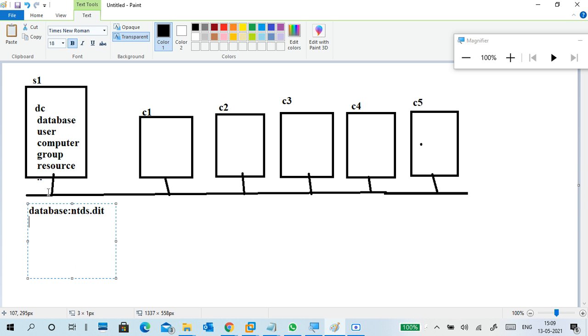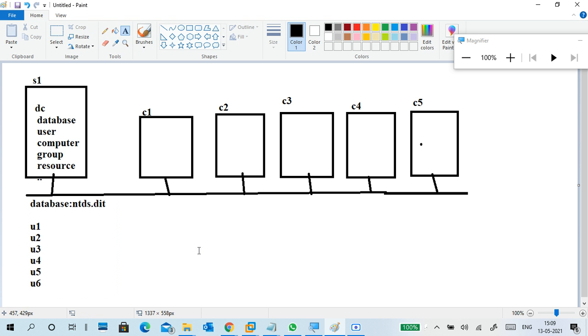Okay, so here what is the data? User information. For example, I am creating users here: user 1, user 2, user 3, user 4, user 5, user 6, like that. I created some user database.